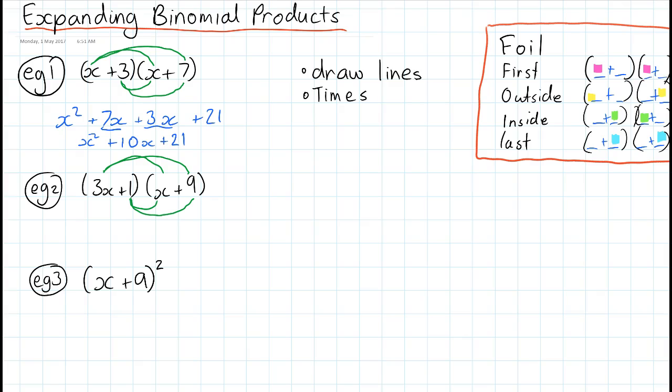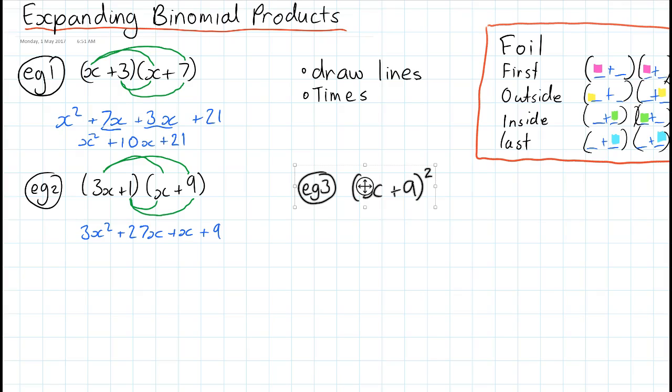So I go 3x times x, which gives me 3x squared. Then I've got 3x times 9, which gives me 27x. Then I've got 1 times x, which gives me x. I've got 1 times 9, which gives me 9. Okay? Oh, I might move this to the other side actually, give myself some even more space.